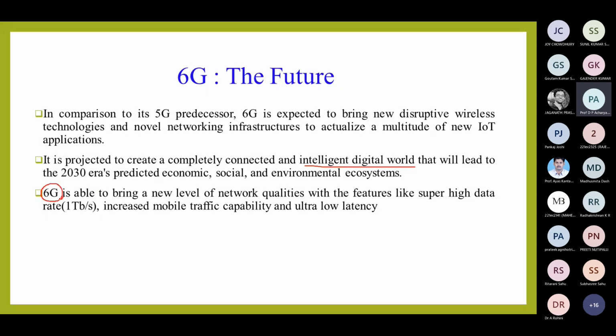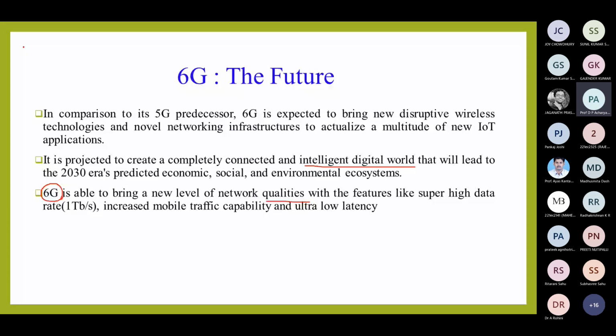There will be terabit or terahertz communication systems, and quality will be very high and security will be very high, and everything. When there is a lot of connectivity everywhere, there will be a threat.